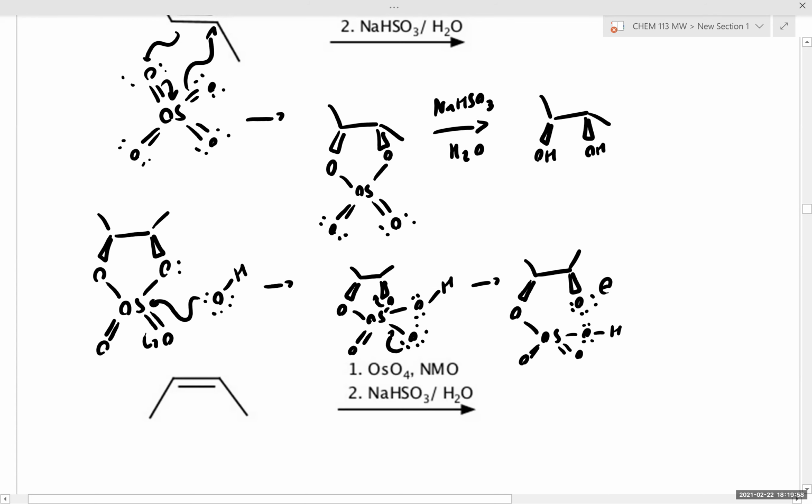So you can attack with a nucleophilic species like hydroxide, and then rather than kicking out hydroxide, you kick out one of the oxygen atoms bonded to your osmium. And so you can repeat this process.